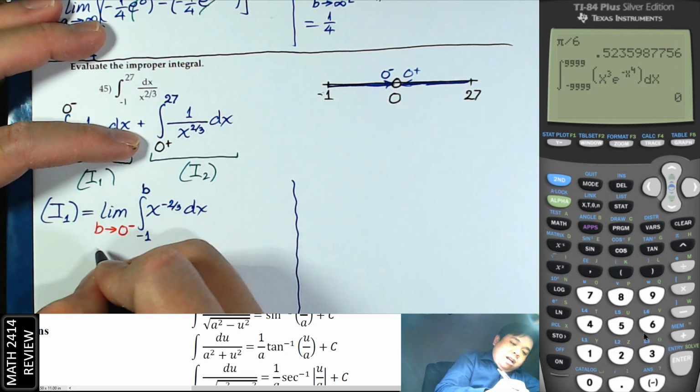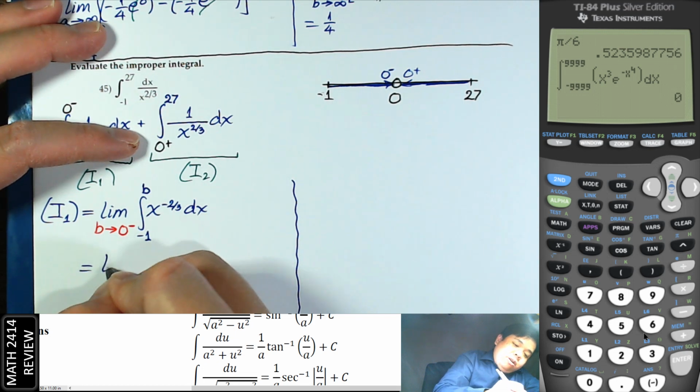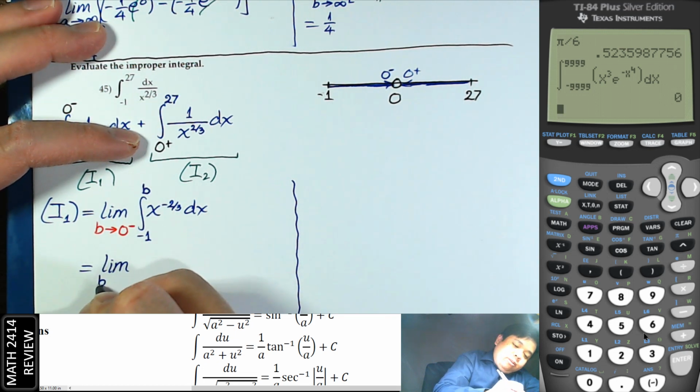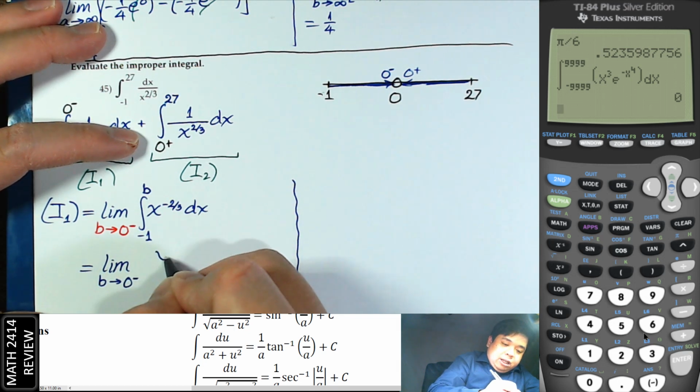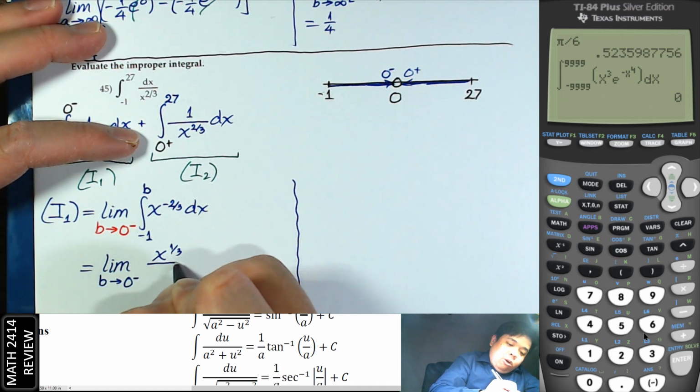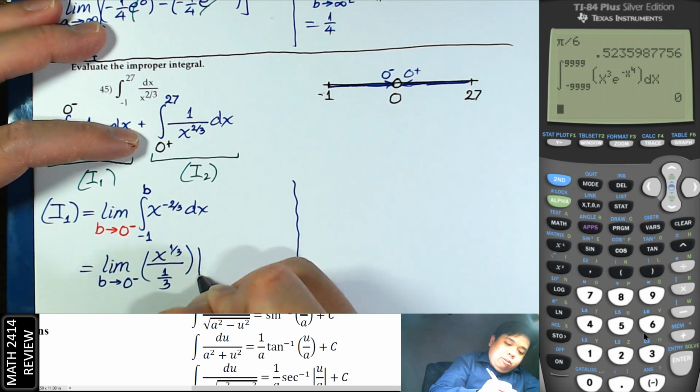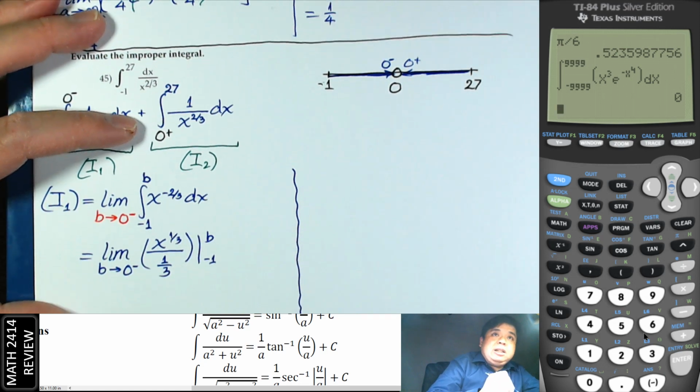Now the integral of that is just the simple power rule. x to the 1/3 over 1/3, going from -1 to b.